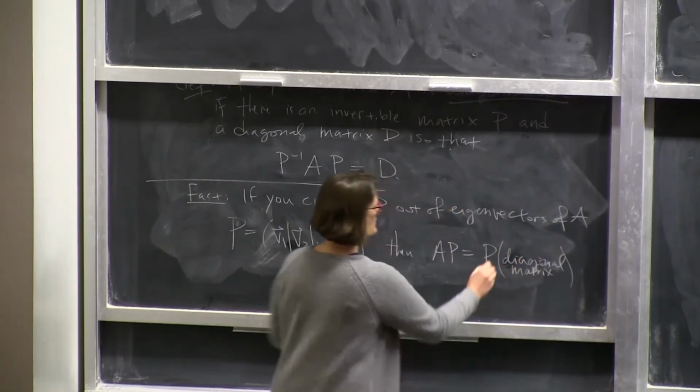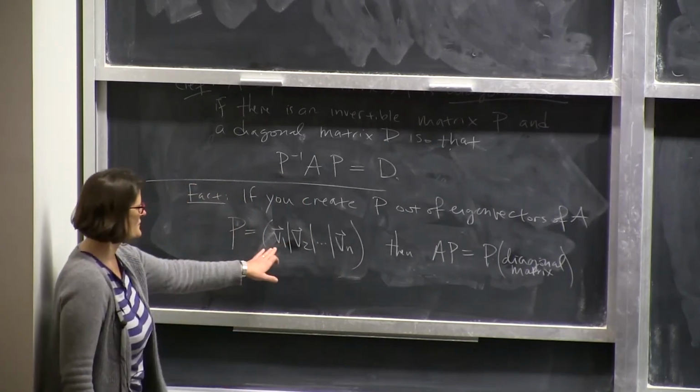And that diagonal matrix was the corresponding eigenvalues of these eigenvectors.